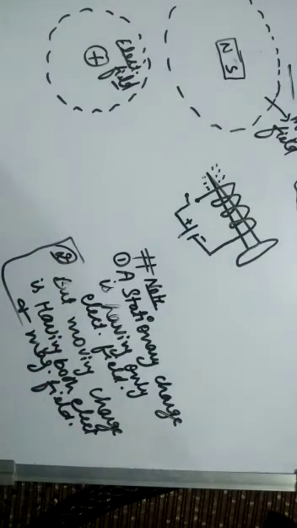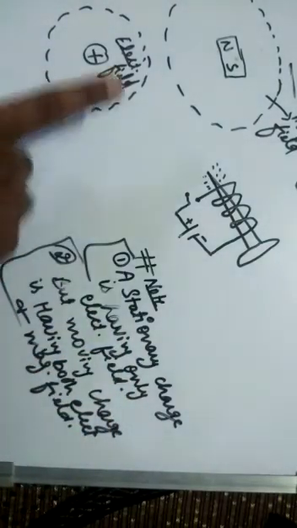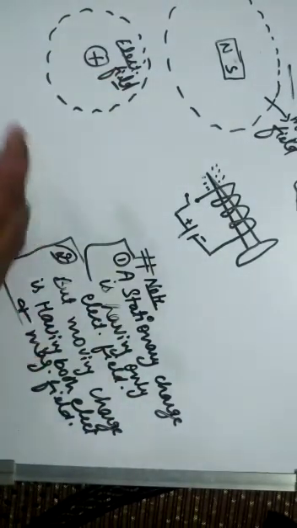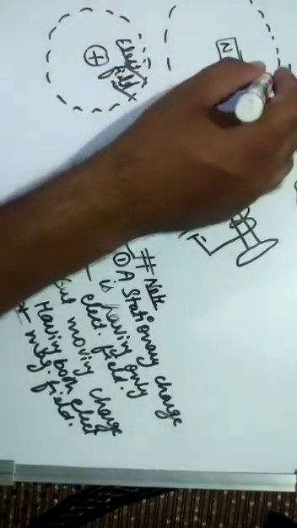Whenever the charge is stationary, it is having only the so-called electric field, and whenever it is moving, it is mixed up with both electric as well as magnetic fields.